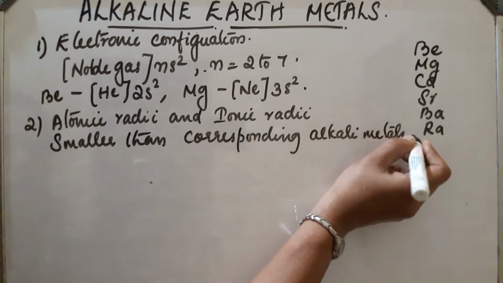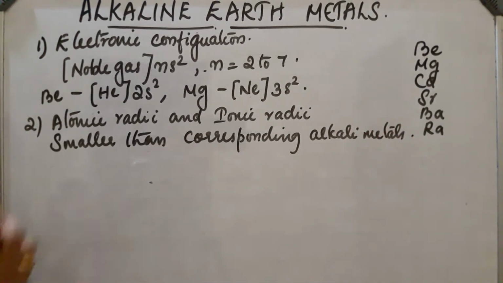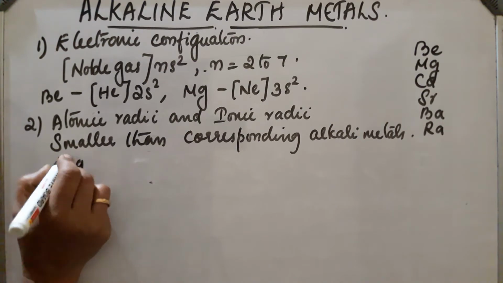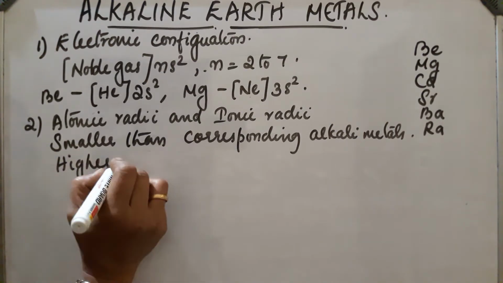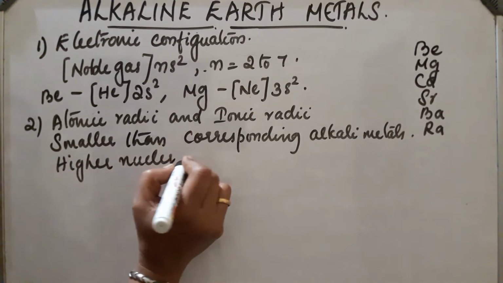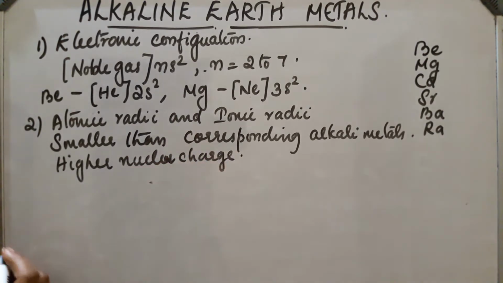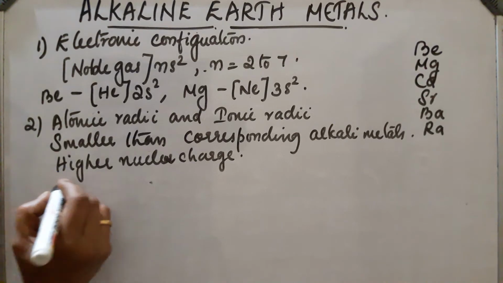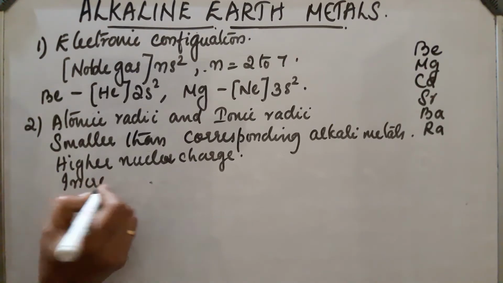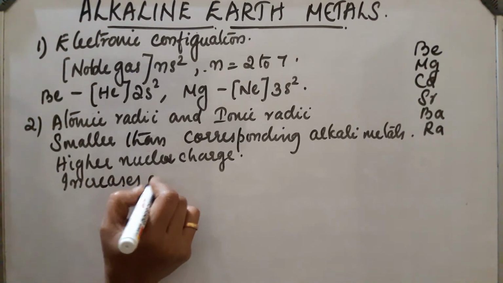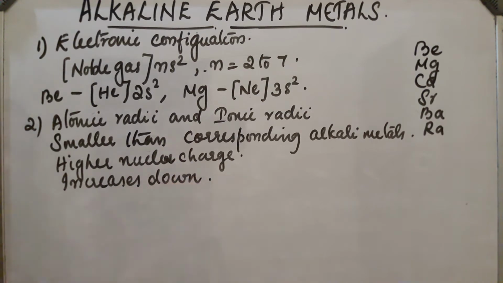They have higher nuclear charge because electrons are more attracted towards the nucleus. Then down the group, the atomic radii and ionic radii increase, because the size increases down the group.